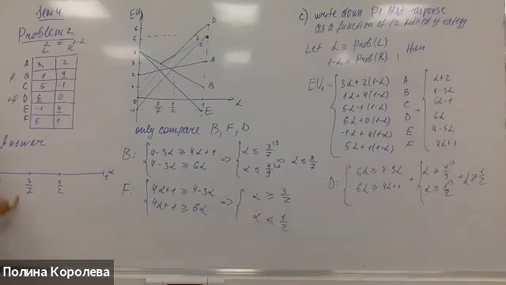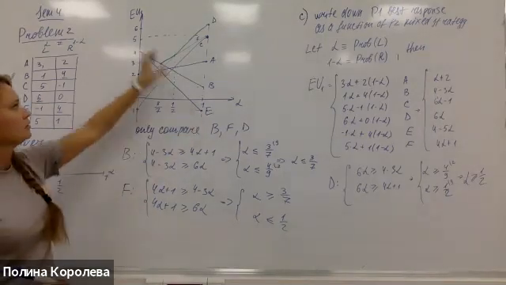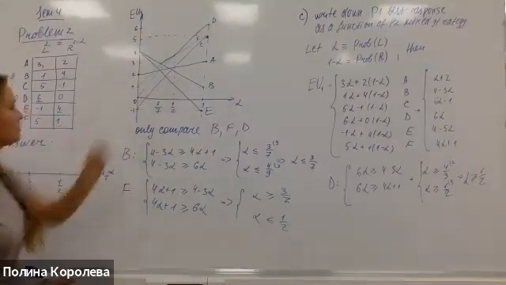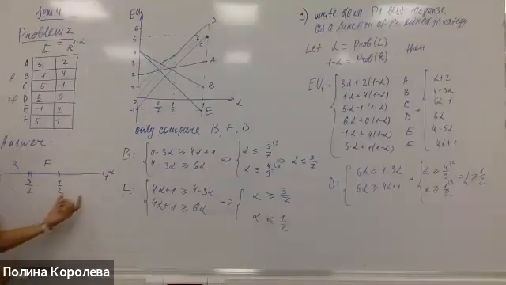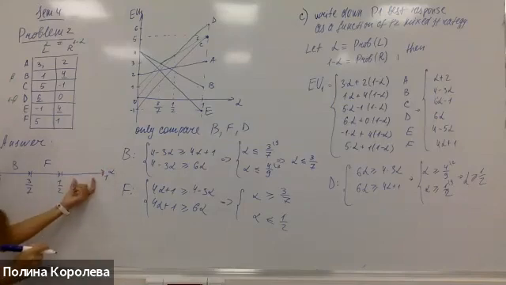So, if alpha is between 0 and 3 divided by 7, we will play exactly B. Yes? If it is strictly between 3 divided by 7 and 1/2, we will play F. If it is strictly between 1/2 and 1, we will play D.